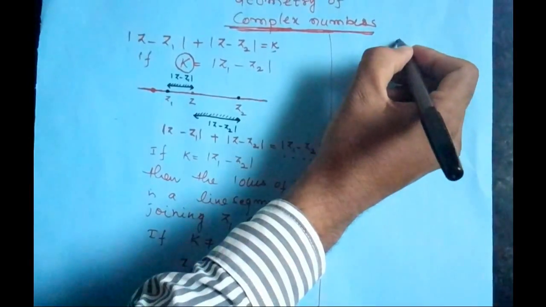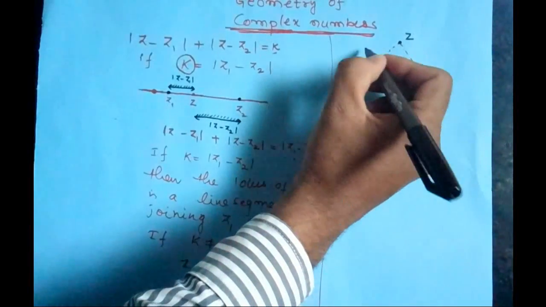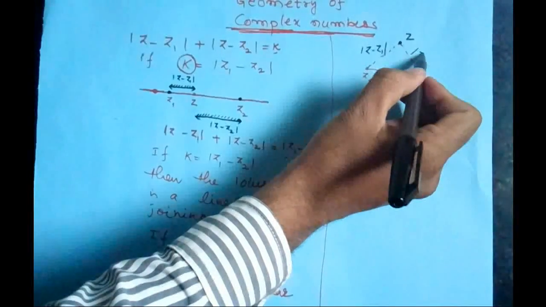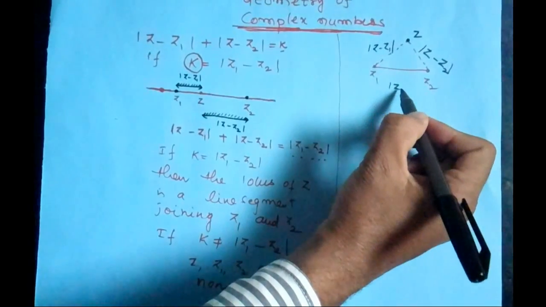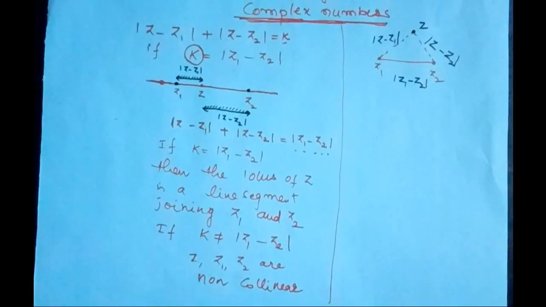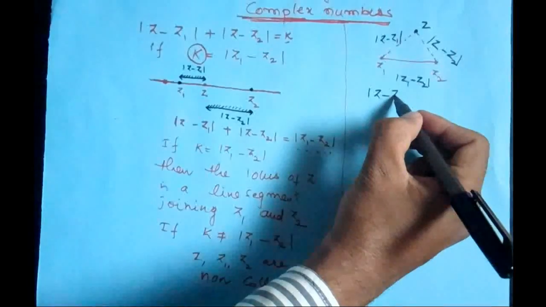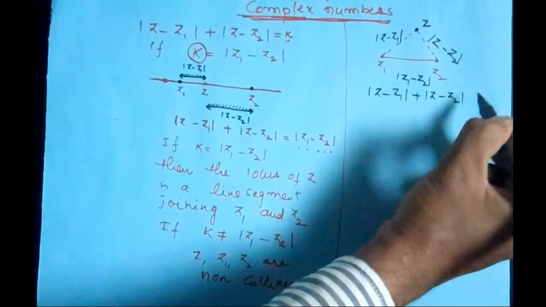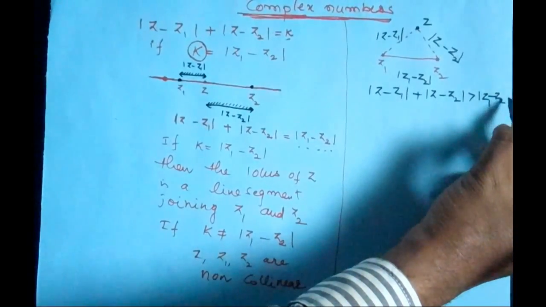So if I take the variable point z here, which is not collinear with z1, z2, the distance between z and z1 is the length denoted by modulus of z minus z1, this is the length modulus of z minus z2, and this is the length modulus of z1 minus z2. So by the triangle inequality, modulus of z minus z1 plus modulus of z minus z2 is greater than modulus of z1 minus z2.